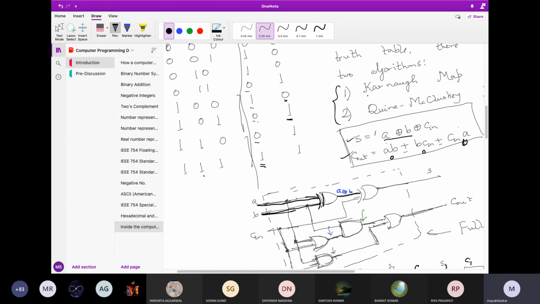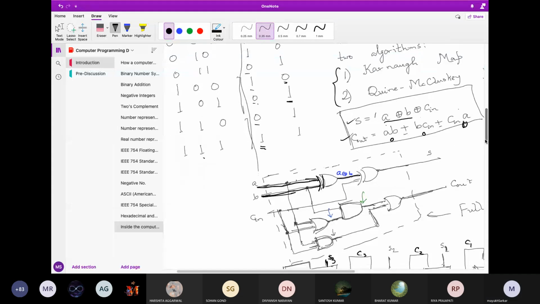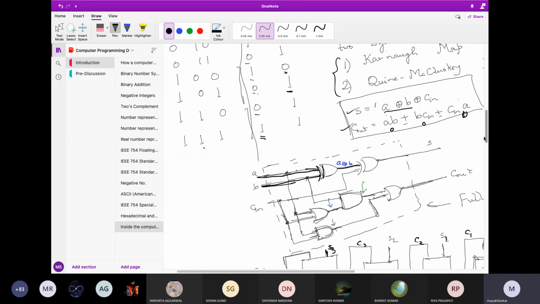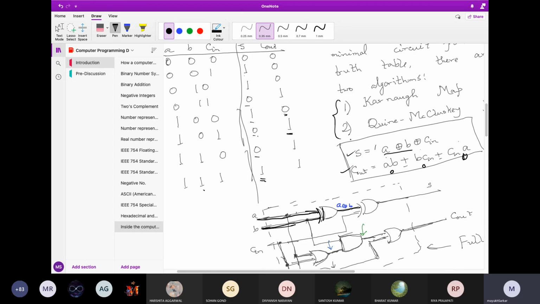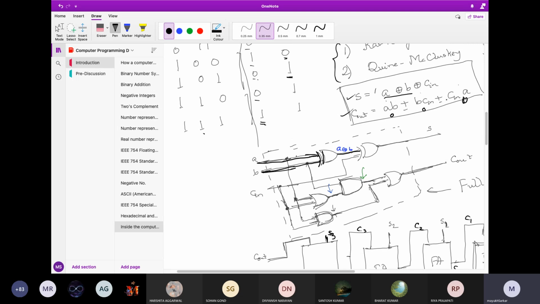But for any truth table, if you go by any of these two algorithms, you will get the minimal circuit. Okay. So these two equations will satisfy this truth table. This S for this S column and this C out for this C out column. And once you have this, then you'll get this circuit. This line is giving you A XOR B. Then this C is here. This C is joining with the A XOR B already. And what you are getting is A XOR B XOR C.